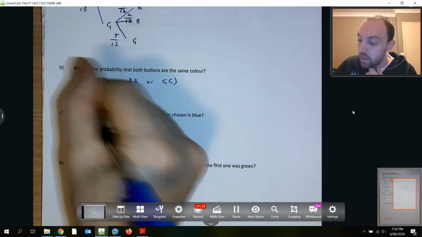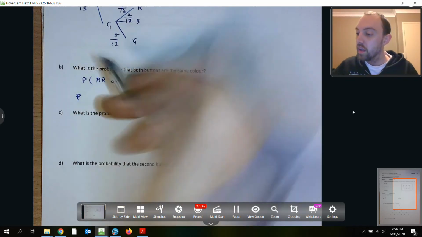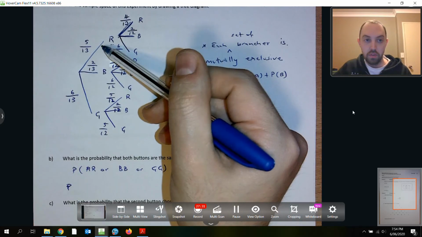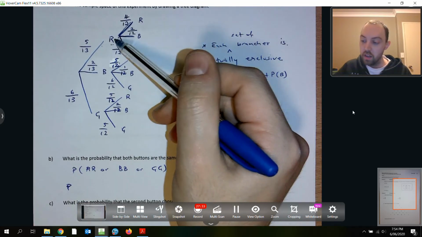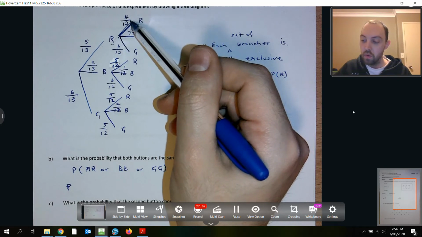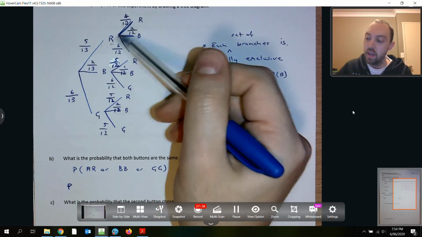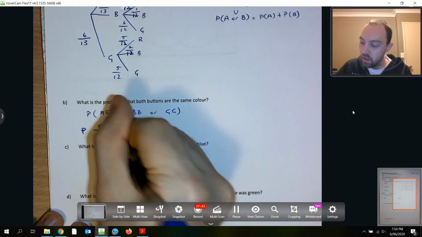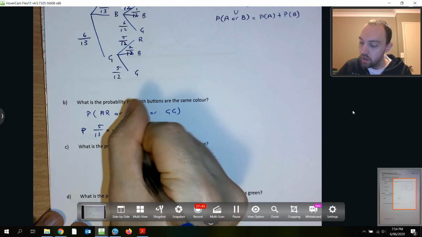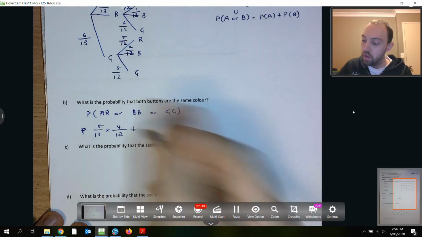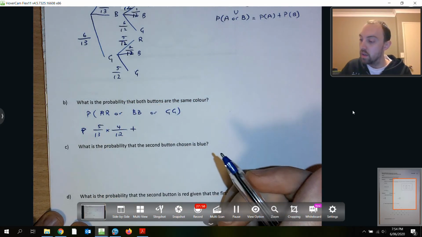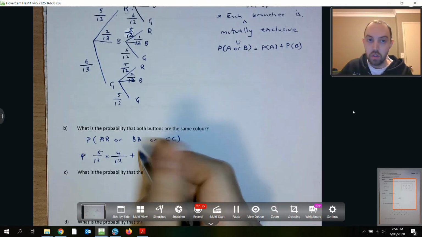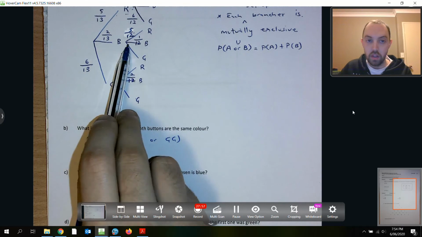So, probability of red, red has to be on my tree diagram here. I get a red first, which is 5 out of 13. Then I get red second, which is 4 out of 12. Probability of red and then red is 5 out of 13 times 4 out of 12, plus blue, blue, which would be 12 out of 13 and 1 out of 12.